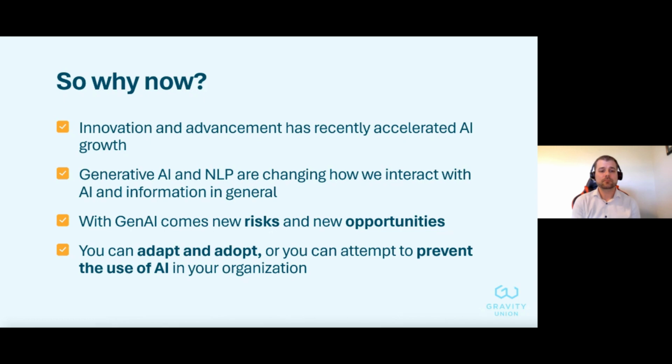Also, generative AI and NLP are changing how we interact, not with just AI, but with our information in general, right? So this is one of the reasons why we're now seeing such a big concern, whereas some of the older AI tech, right, was less risk, less of a concern to us. It's also become more accessible for people out there to just access some of this on the internet.